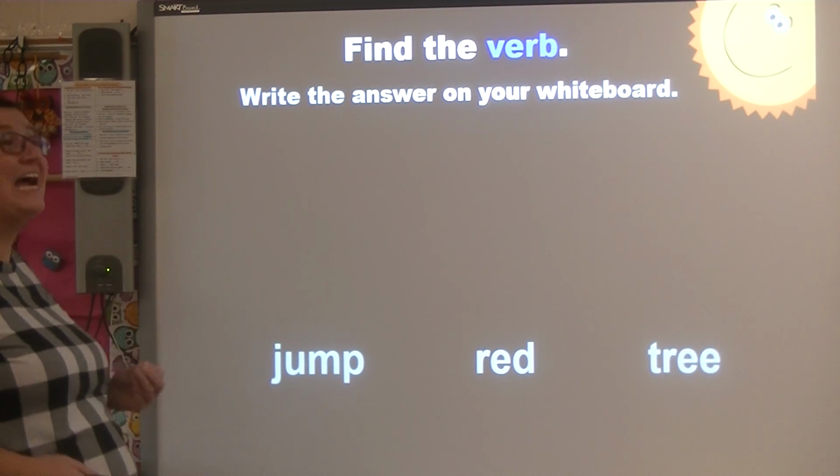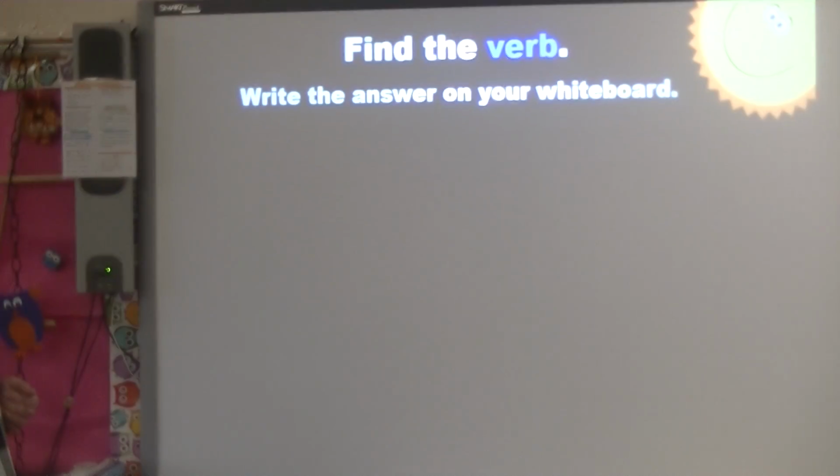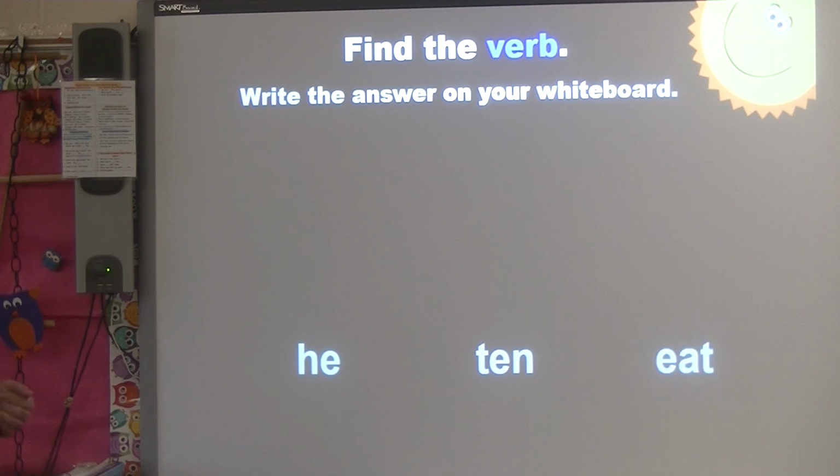Which one is the action word or verb? Jump is the action, so we'll mark it. The next one. He, ten, eat. Name the verb. Eat. That's your action word.